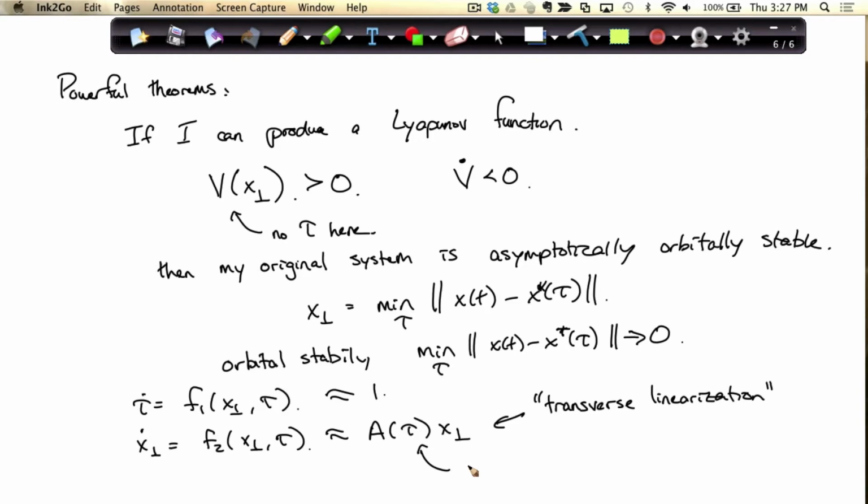This looks like that, and in fact, we can apply all the tools from linear time varying systems to construct a Lyapunov function using a Lyapunov equation that will prove stability of this time-varying linear system, and then that'll impart local stability of the original nonlinear system. Okay.